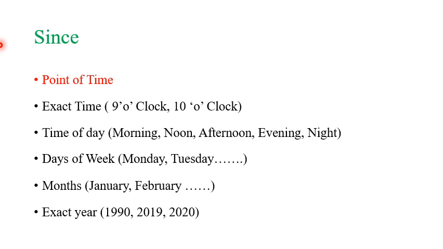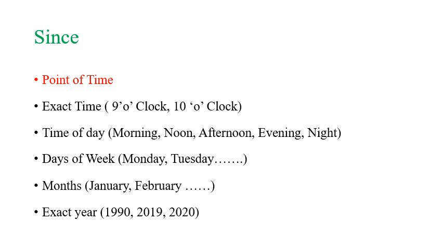You know the exact point of time. Then the exact year, for example, 1990, 2019, 2020. If somebody says that he has been doing this since 2019, then you already know the exact point of time. Now compare this with for.